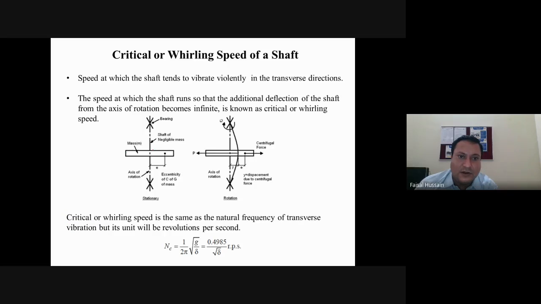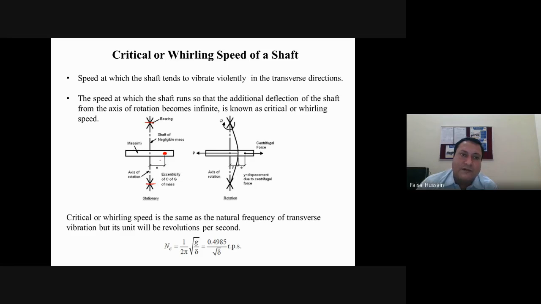See, this is your rotor having mass m and this is your shaft axis, okay, and here this is one bearing and here there is another bearing. So the system is like this. Now generally what happens, the eccentricity of the mass does not coincide with the axis of the shaft. You can see here this is the CG of the rotor and this is your shaft axis. So this CG is not coinciding with the axis. It is somewhat eccentric. Okay.